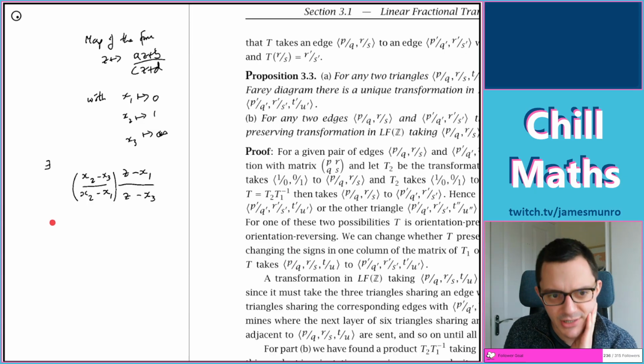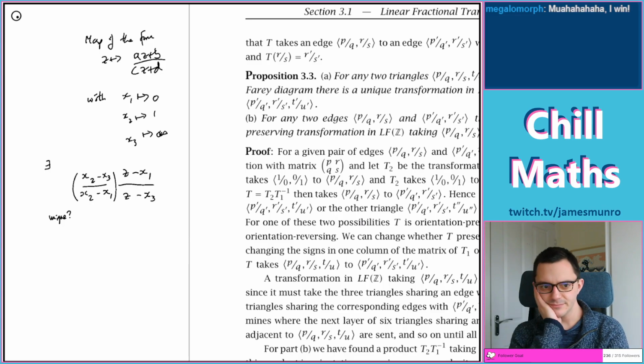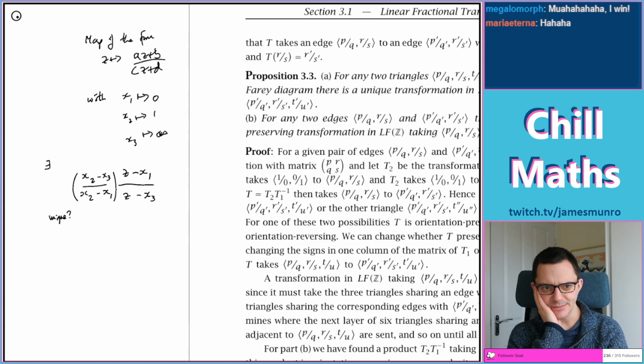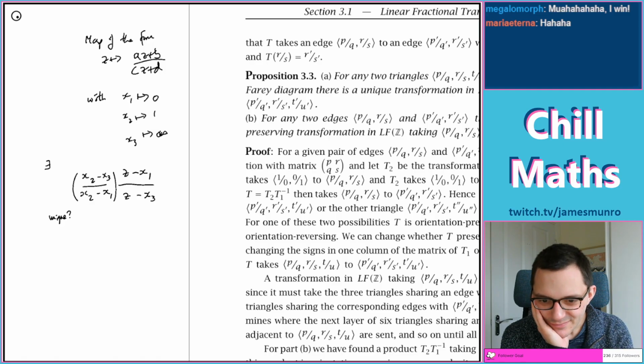I'd quite like to show that it's unique. No, it has to be this, doesn't it? I did it out loud without writing stuff down, but I think it has to be this. Well done, Megalomorph.